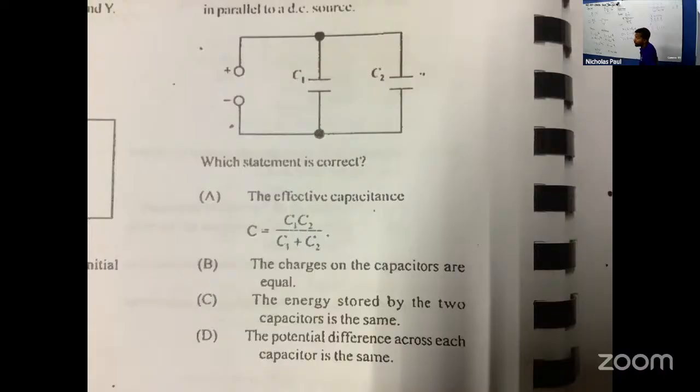So those two are in parallel, so for sure it's not the parallel formula, right? Now the charges on the capacitors are equal. Can you tell that? The energy stored by the two capacitors is the same. And the potential difference across it is the same.